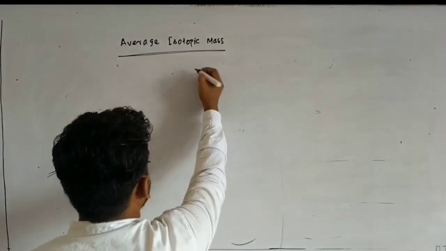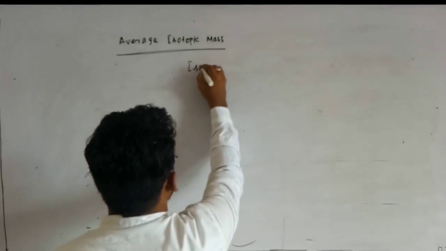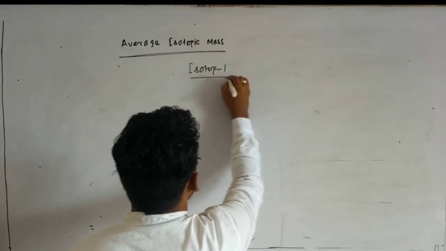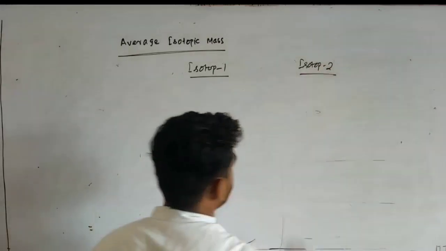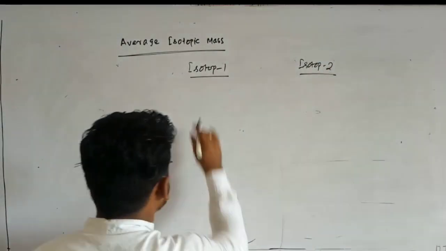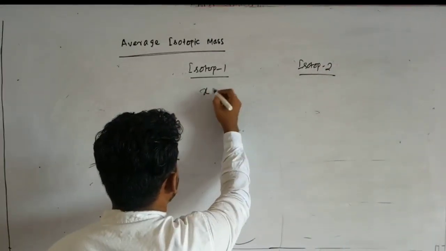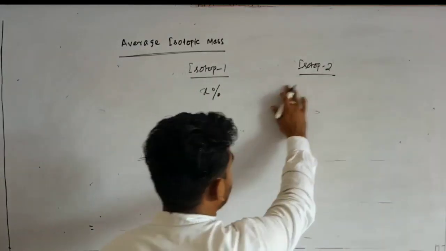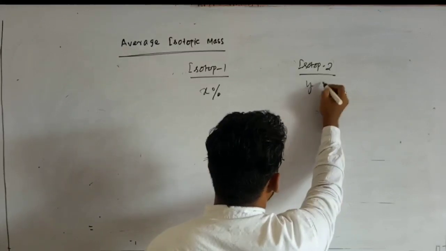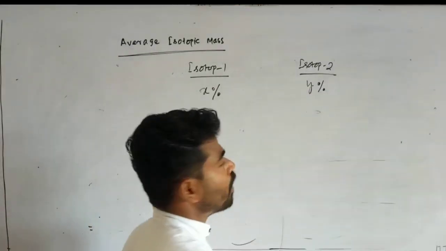Let's say this is isotope 1 and this one is isotope 2. They have different mass numbers, same atomic number. So isotope 1, let its percentage abundance be X%. For isotope 2, let its percentage abundance be Y%.